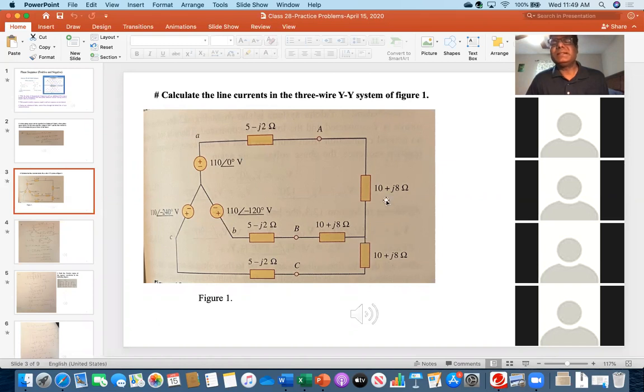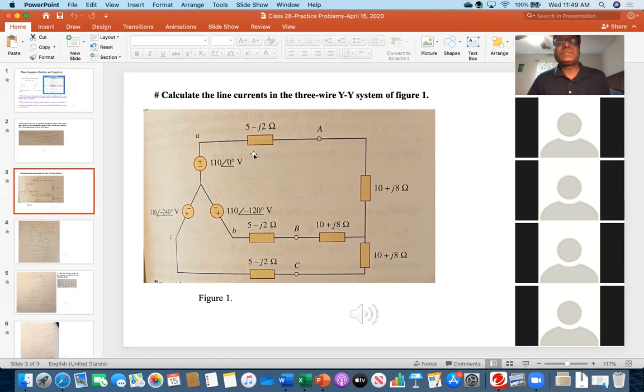In the Y-connected load, all three impedances are the same, and this is the ABC or positive sequence. So this is a fully balanced system. There is no unbalanced situation. If, for example, these were different, that could make it unbalanced. Or if these lines had different impedance, that would be an unbalanced system.